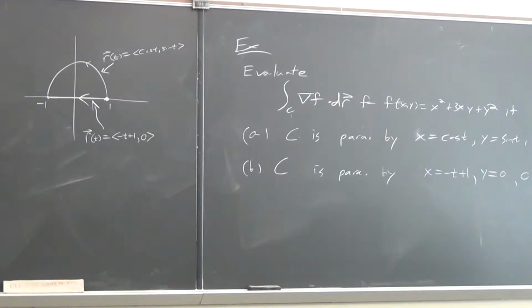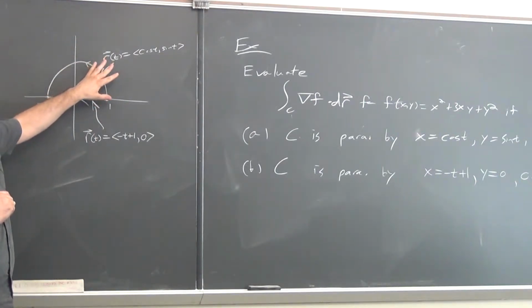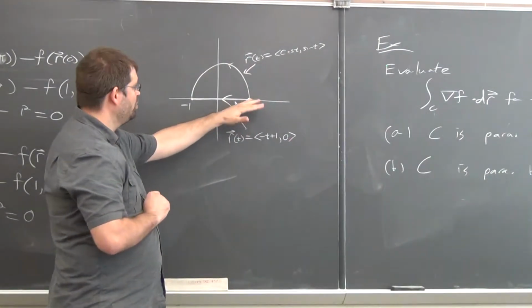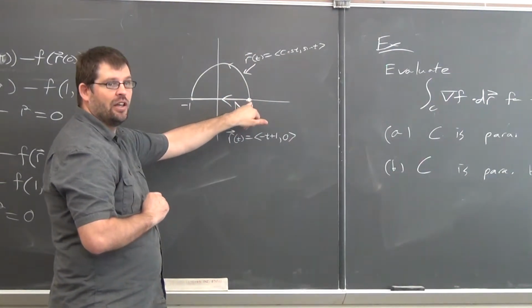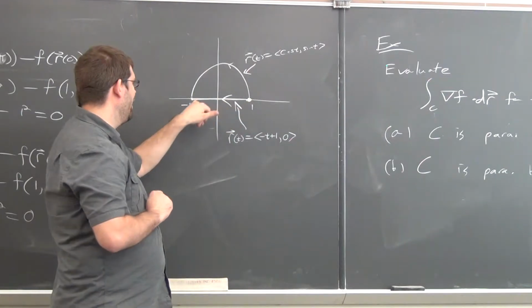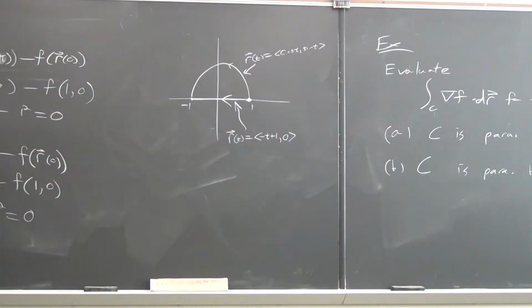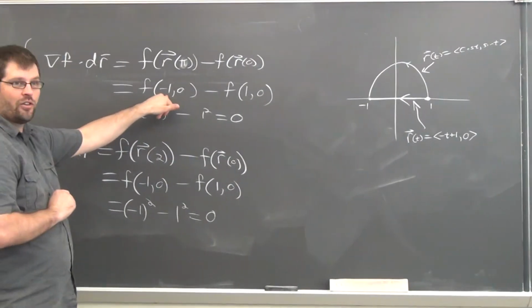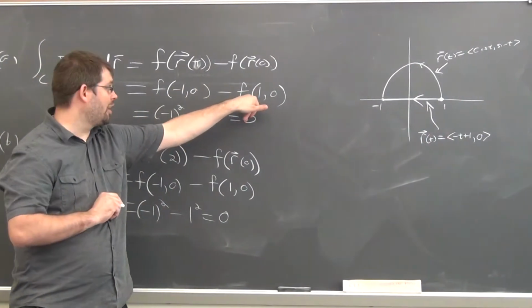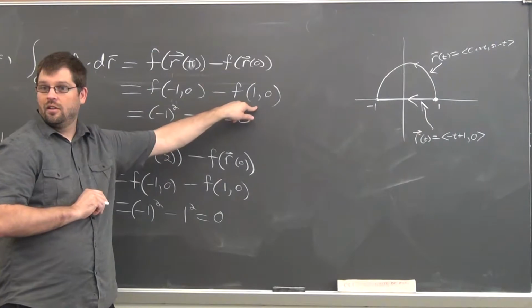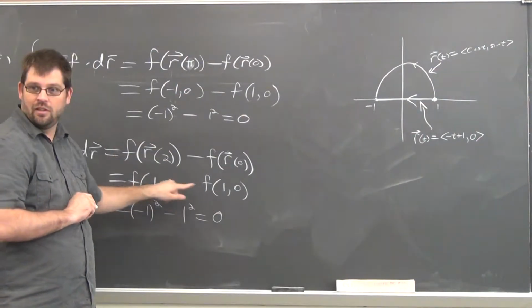Notice these are completely different parameterizations, really completely different curves, I should say. But they start at one point and end at the same point. And notice that your fundamental theorem only cares about the point you started at and the point you finished at, in both cases.